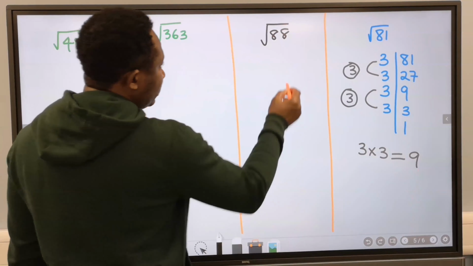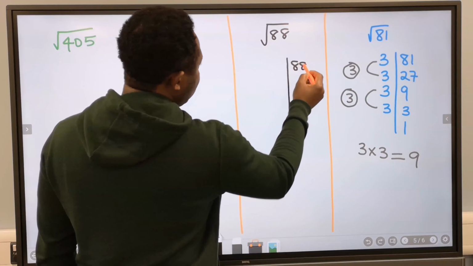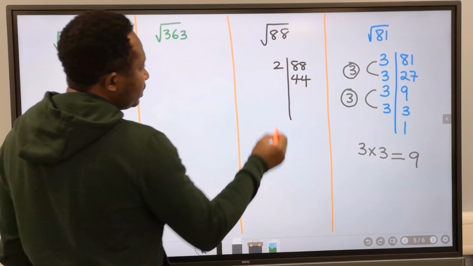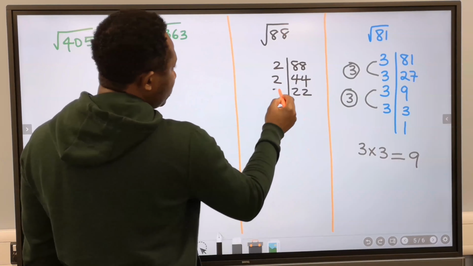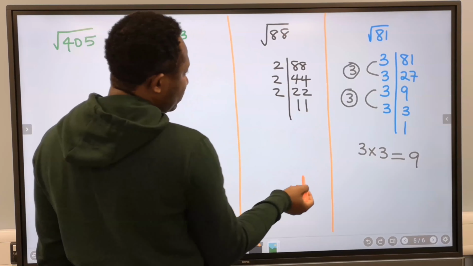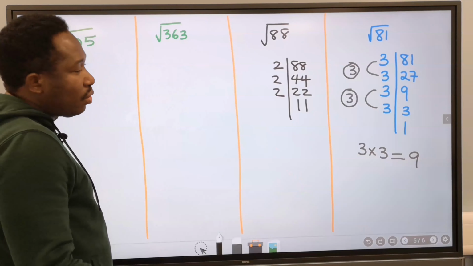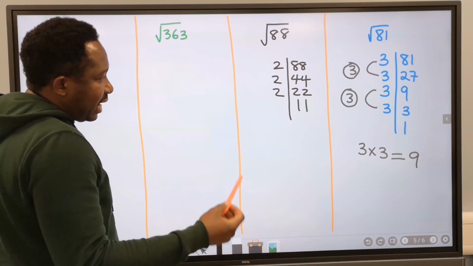For 88, we are going to draw a line. And this is 88. We are going to start with 2. And we are going to get 44. Next, we are going to put 2 here. And we have 22. Next, 2 can still go, 11. Now, 2 cannot go. 3 can't go. 4, 5, 6, 7, 8, 9, 10.